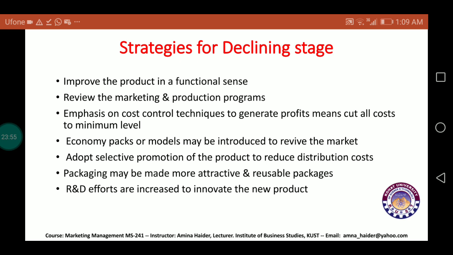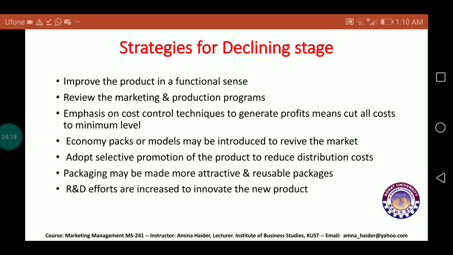During this stage, you will see declining sales and profits. At this stage, you will have to decide which strategies to take if you want to save money. You can either reduce your promotional expenditure on the product.